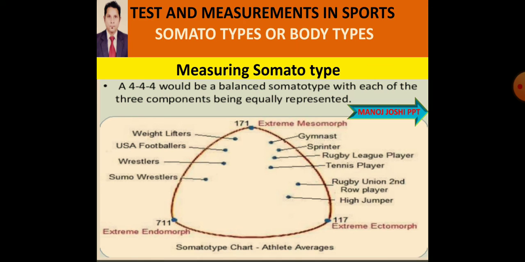So in various characteristics, various traits, like weightlifters, footballers, wrestlers, sumo wrestlers, gymnasts, sprinters, rugby league players, tennis players, rugby union second row players, and high jumpers. So this way, the different somatotypes are there, and the balanced somatotype is represented here.